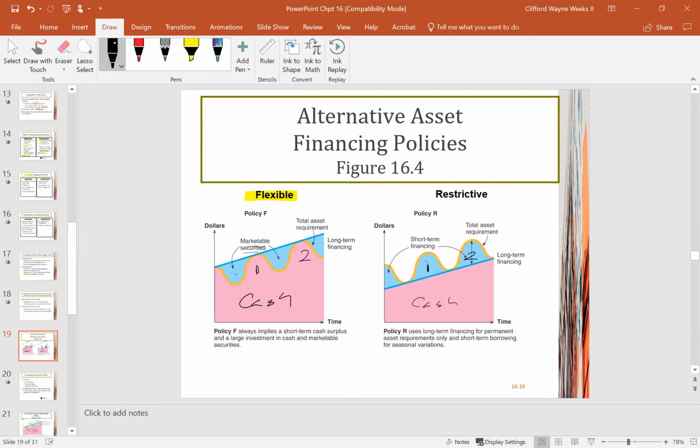We short-term finance this, versus putting our money in a marketable security so that we can access it quickly if we so need it. And so really it's just trying to differentiate between the flexible and restrictive cash policy.